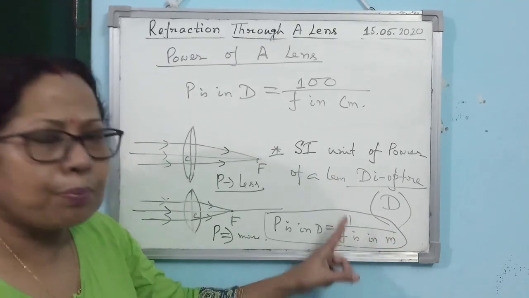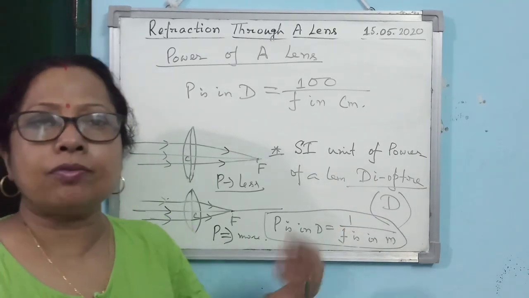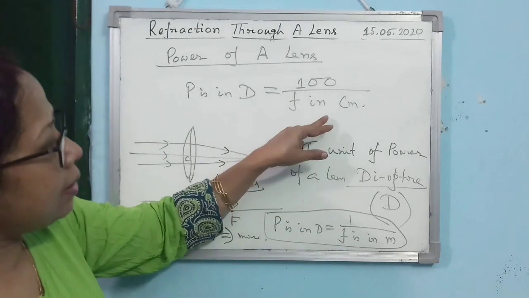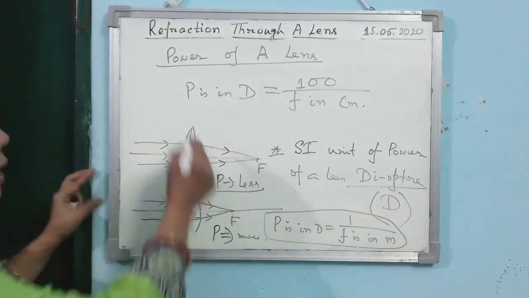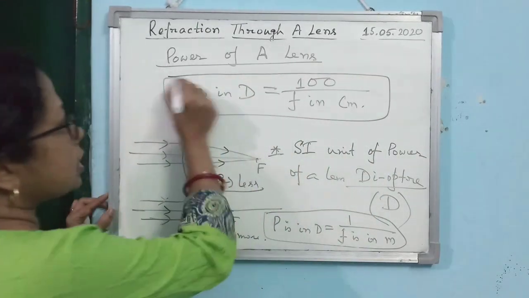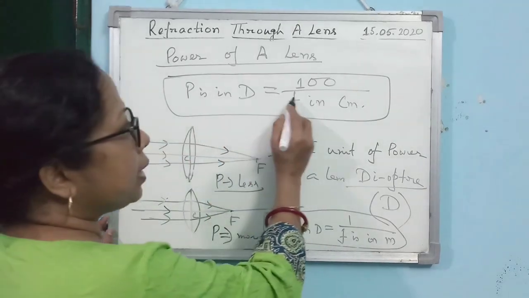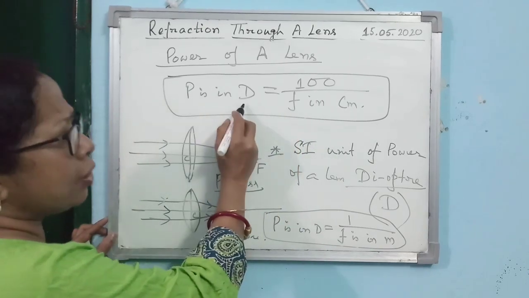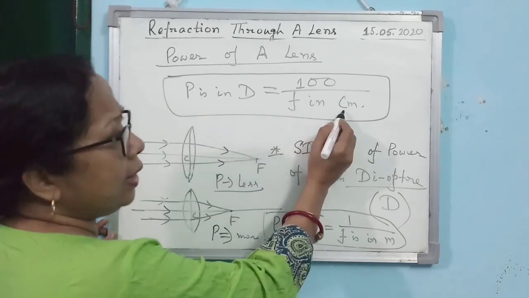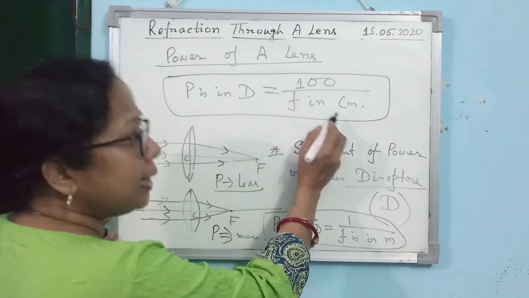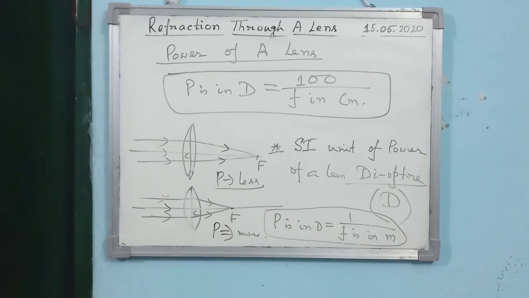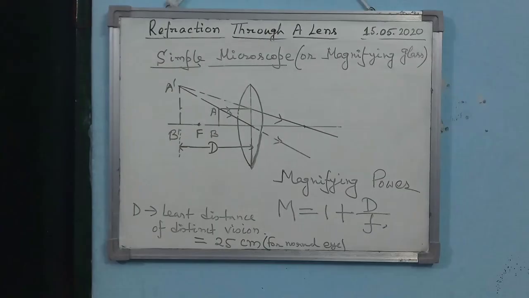Suppose F is 50 centimeter. You will convert it into meter. So it will become 50 by 100. Isn't it? So 50 by 100 means 100 will move up. So either directly you can use this as formula, that when P is in diopter, the formula for measuring the power in diopter, it will be 100 by F in centimeter. But when F in meter, then what it will be? 1 by F in meter. Alright, both the formulae you try to remember and you have to apply it to solve.